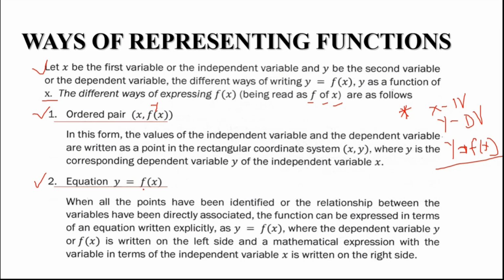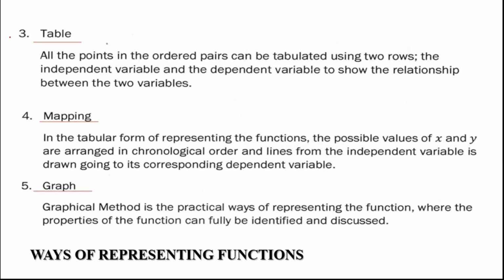The next is the table. When it comes to the table, of course, we know the ordered pairs, in a tabular form using two rows. And we have mapping. The map we used a while ago, the mapping in the tabular form representing the functions, the values of x and the values of y.